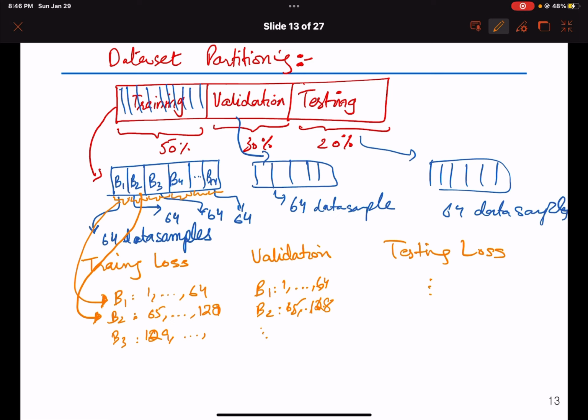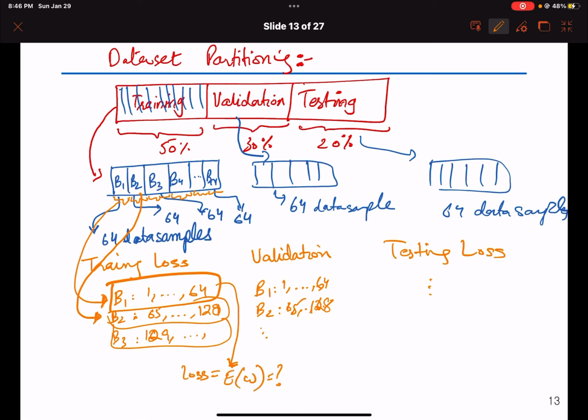At the training time, you enter your data batch by batch. For the first batch, you have a loss estimated, which we studied as E of W. You estimate the loss, and then using this loss, you update your weight values, for example, using gradient descent: learning rate times the partial derivative of your loss function with respect to your weight values.